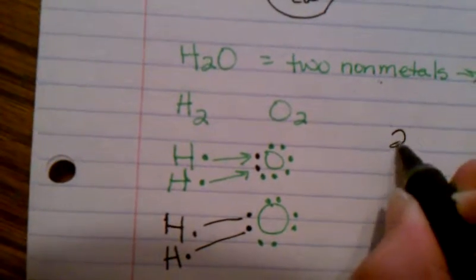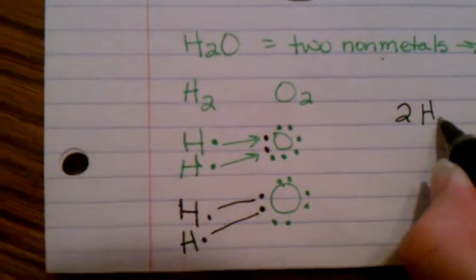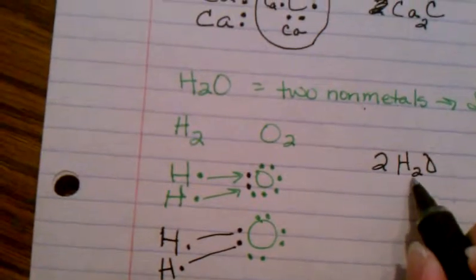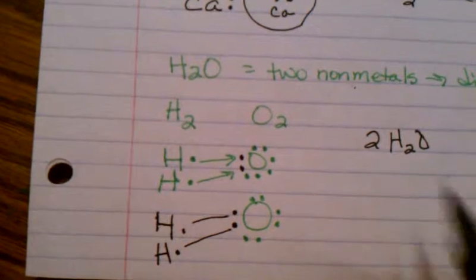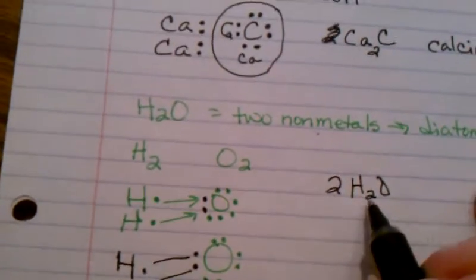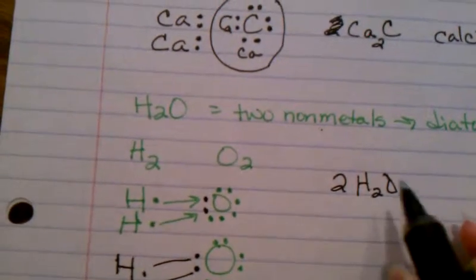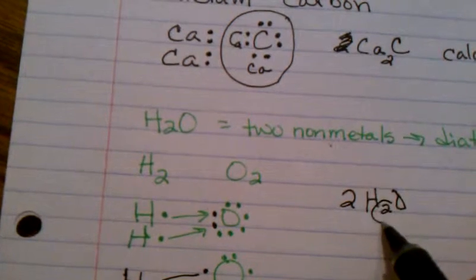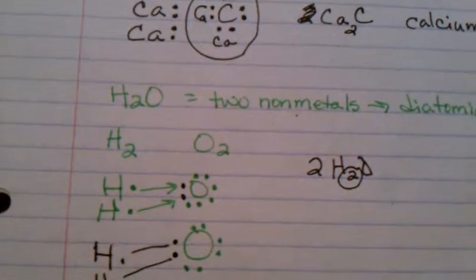So now I have 2 H2O's. And now we don't count the big numbers when we're making our names. We just look at the elements that are in it. Because these are 2 nonmetals, for some reason they think we have to count this little 2.